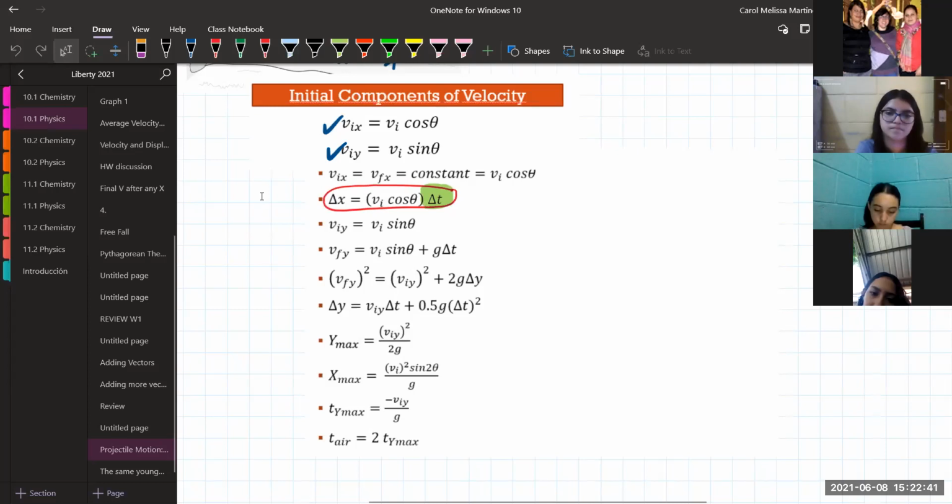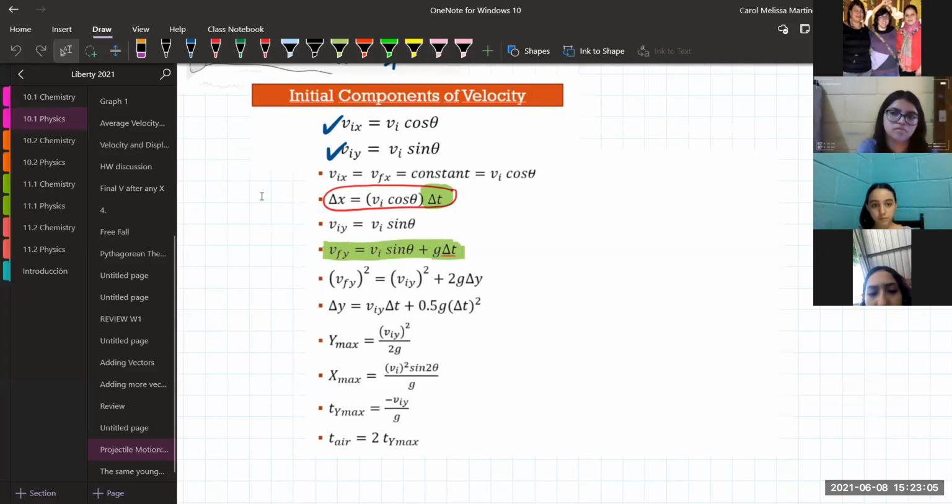Now, the only other equations that have delta t, not t y max or t air, just delta t, are the following formulas. Final velocity in y gives me delta t.